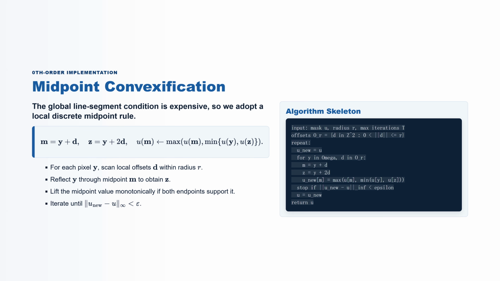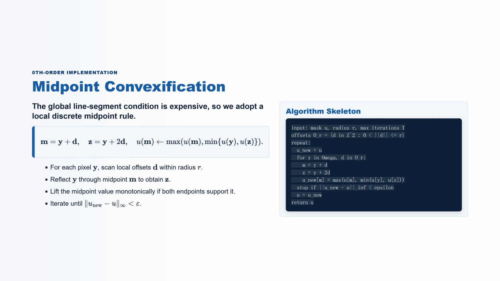For the zero-order condition, directly checking all line segments is too expensive, so we use a local midpoint convexification algorithm. The idea is, for a local pair of endpoints, look at their midpoint. If both endpoints have high values, then the midpoint should not be too low.